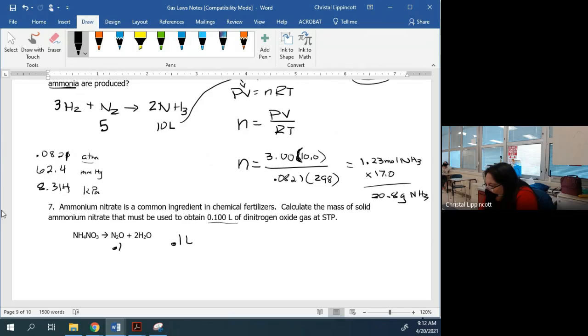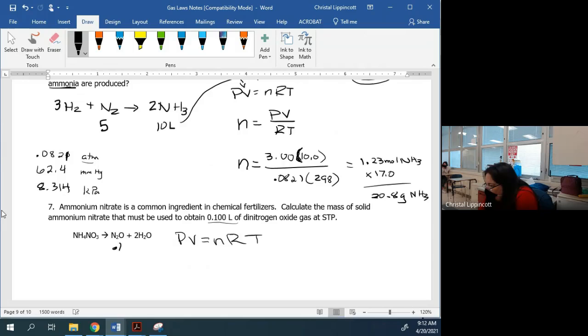I've got my liters here, and I want to solve for moles then. So I've got 0.1 liter, and it's at STP, so I want to use 1 atm because that makes life easier. So this is my PV equals nRT.